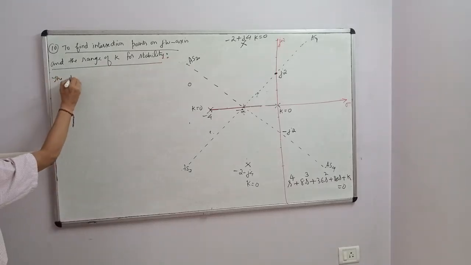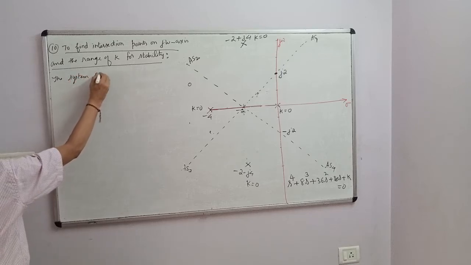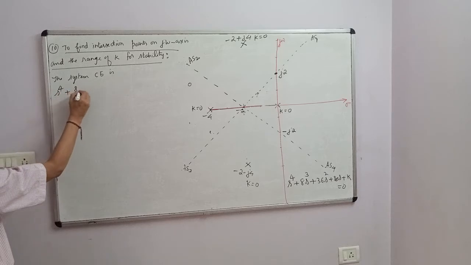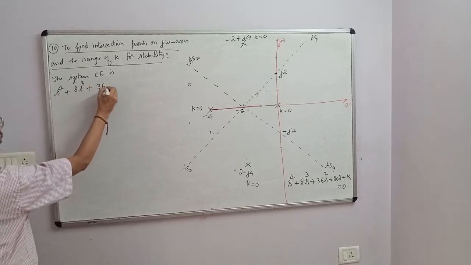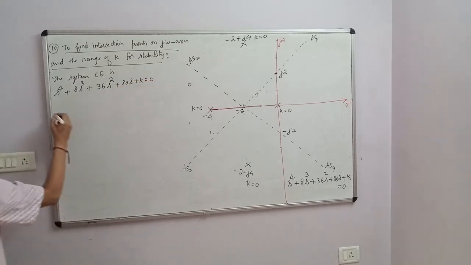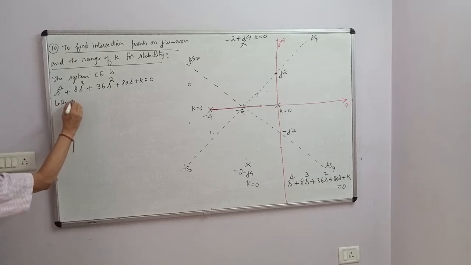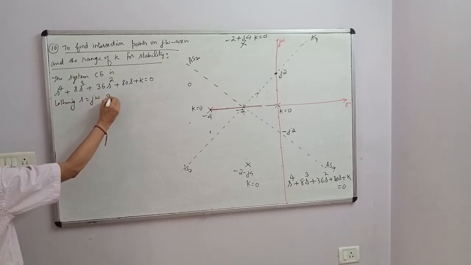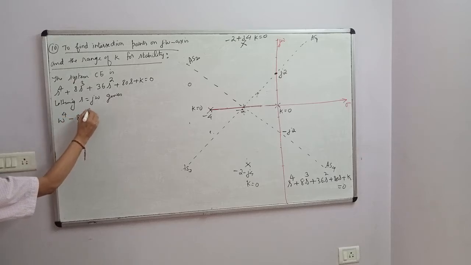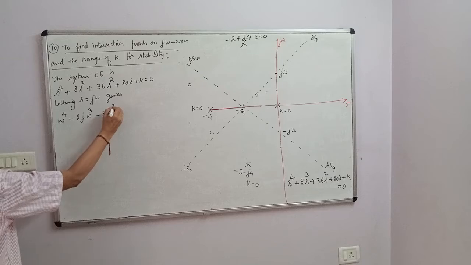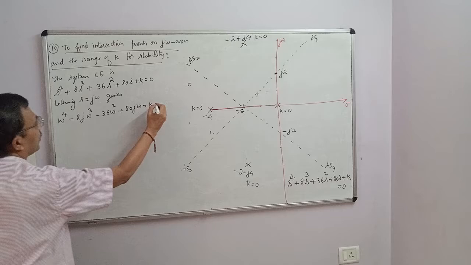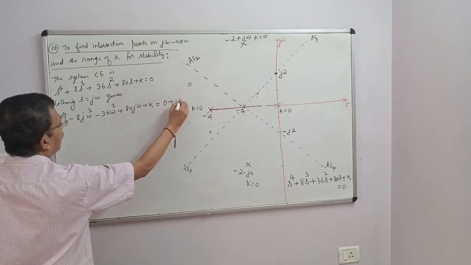The system characteristic equation is s to the power 4 plus 8s cube plus 36s square plus 80s plus k is equal to 0. Letting s is equal to j omega gives omega to the power 4 minus 8j omega cube minus 36 omega square plus 80j omega plus k is equal to 0 plus j0.